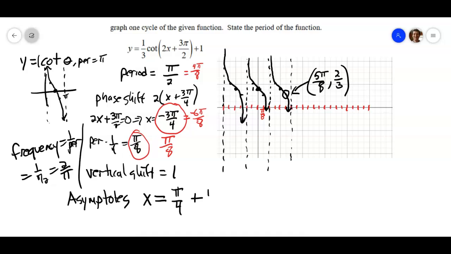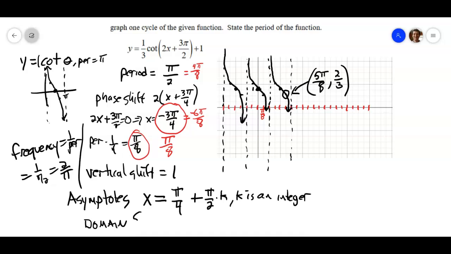You do pi halves times k, where k is an integer, and you have generated the first one plus an infinite number more. So you're just saying start at this one, and then add or subtract. The k is an integer, so it allows you to go backwards 4 tick marks, and you'll find the next one, and the next one, and the next one. They could also ask for the domain.